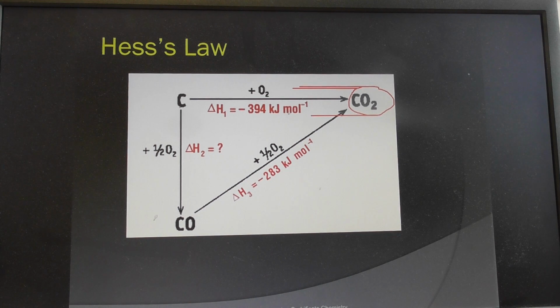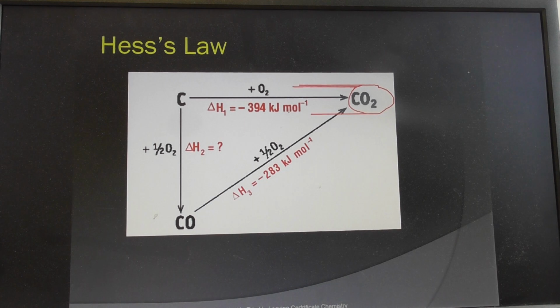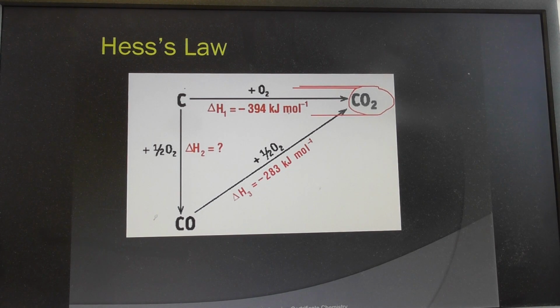To make CO2, you have a route where you can add O2, so that if you burn carbon in the presence of excess oxygen, you can get CO2. That's what we try to do in combustion, to prevent the formation of carbon monoxide. But if we look at just this top direction here, the amount of heat is minus.